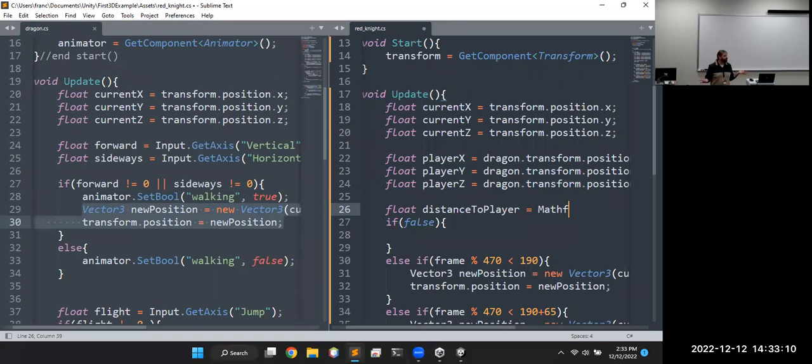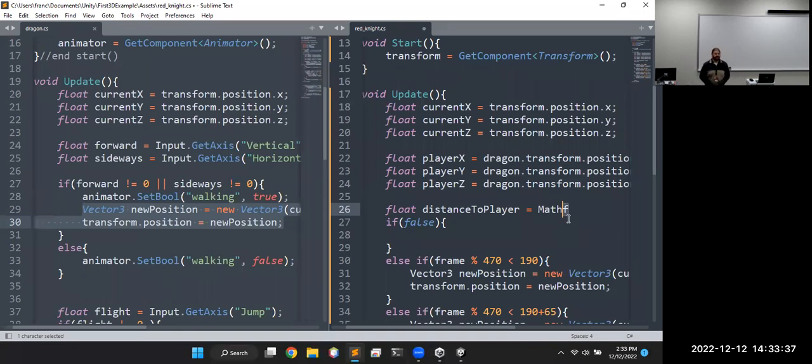Absolute value, square root, different things with angles, radians, degrees, and all our trig functions, sine, cosine, and the rest of them. And in particular, the Mathf library is for floating point numbers. There's more than one math library, basically.